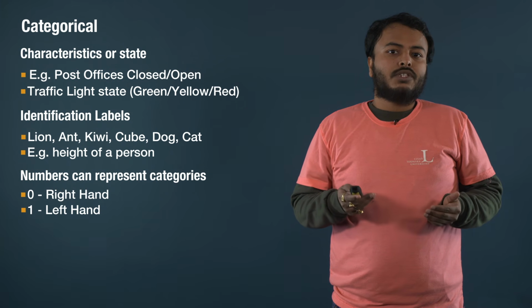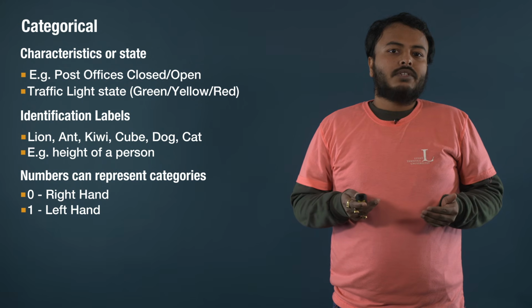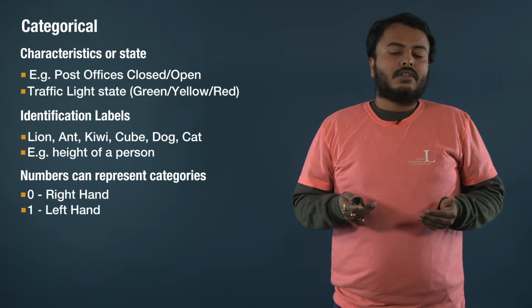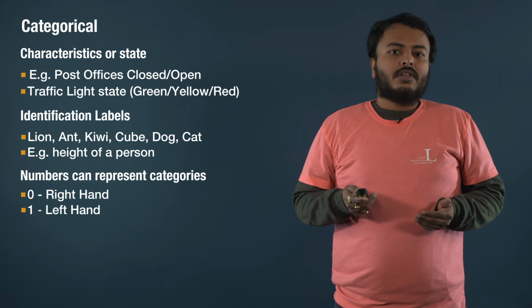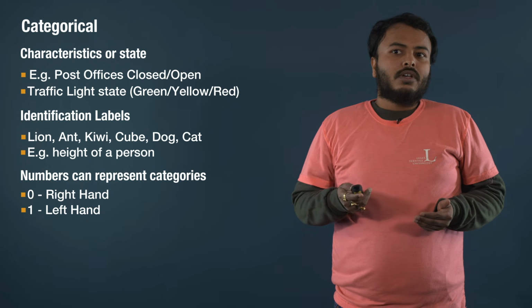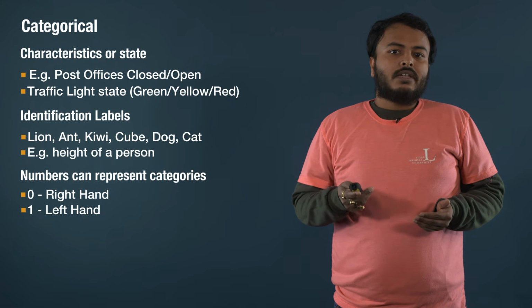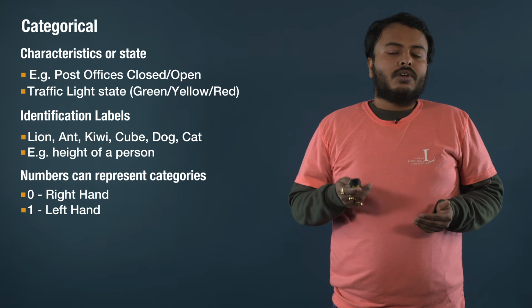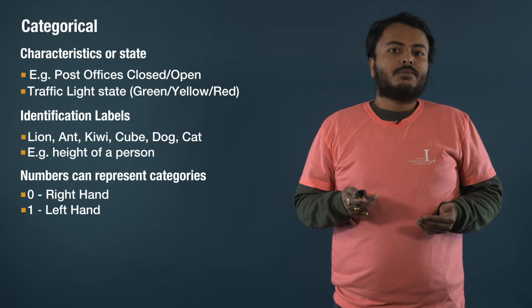It could be a chair, it could be an animal, it could be a bird. So these are labels. Also, we can represent these labels by numbers. For example, if I need to do like whether it's a right hand or left hand, so I can represent left hand by 0 or 1 for right hand or the otherwise. So we need numbers to represent these categories.